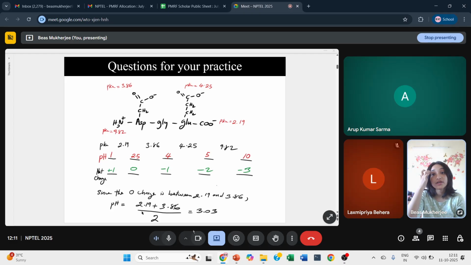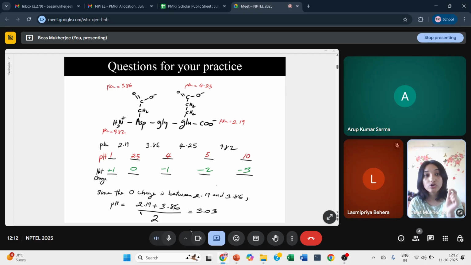If you remember, this is a peptide, and how do you calculate the PI of the peptide? You have to take into consideration the pKa of all the charged groups. The N-terminal amino group and the C-terminal carboxylic group, you have to consider the pKa of both, and also the pKa of the COO minus group of aspartate and the COO minus group of glutamic acid.